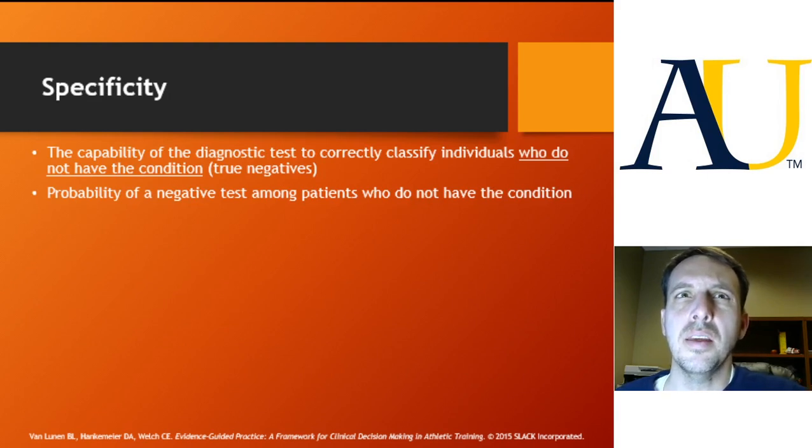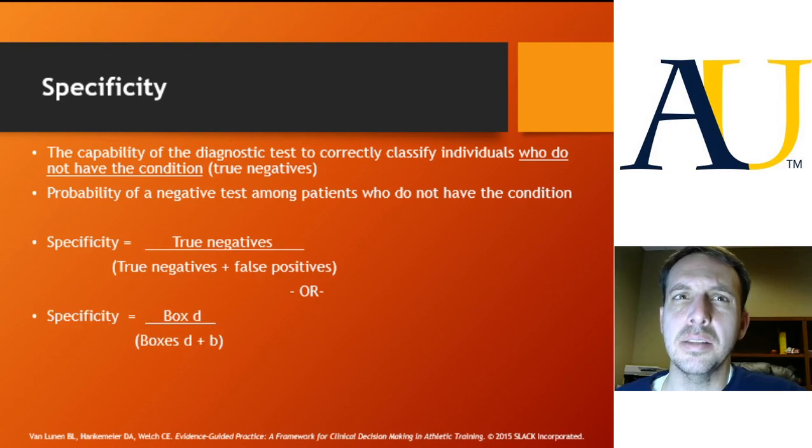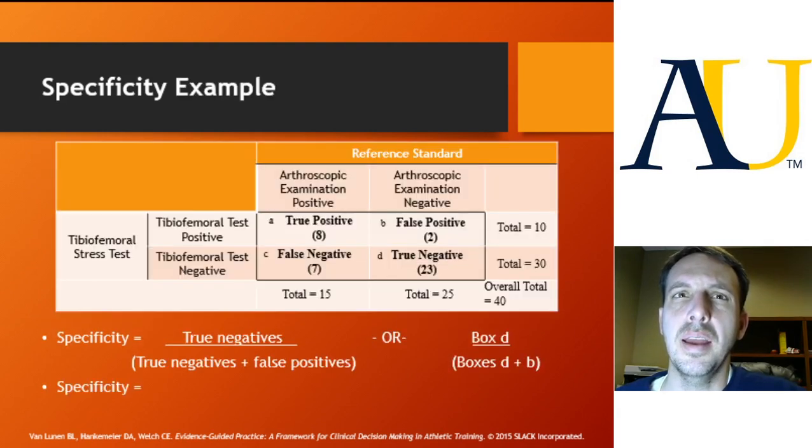The specificity then is the ability to classify individuals who do not have the condition. And so we look at this in the exact same way as previously, but now we're looking at the true negatives. Right? And so we can get in this idea of sensitivity and specificity now looking at the probability of accurately assessing individuals with or without the condition.